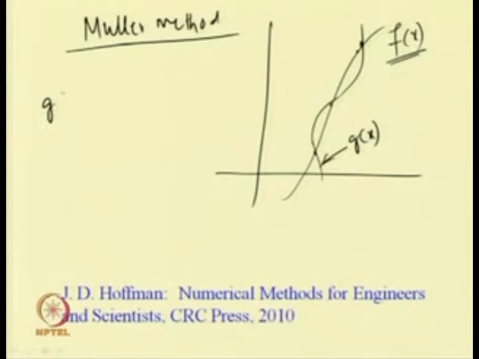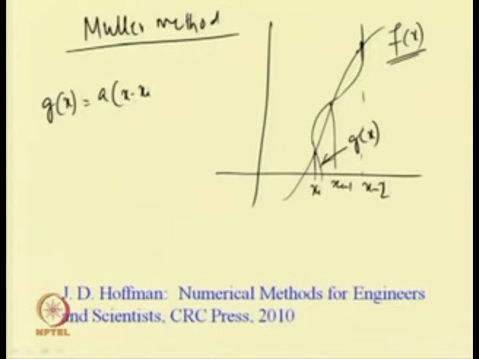So, we have taken 3 points: this is our x i, this point is x i minus 1, and this is x i minus 2.